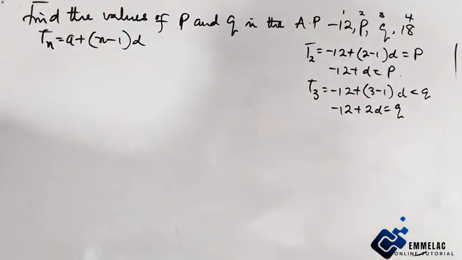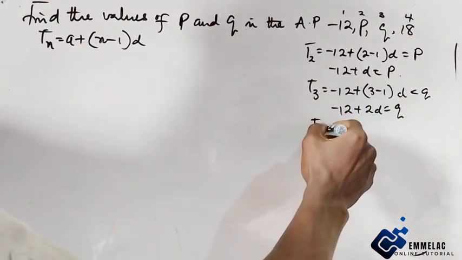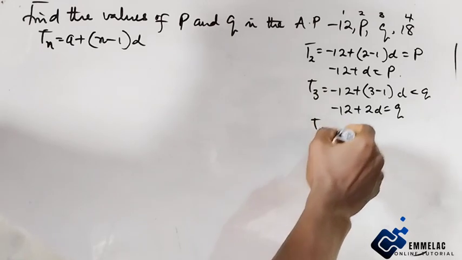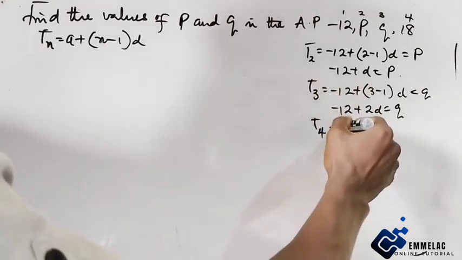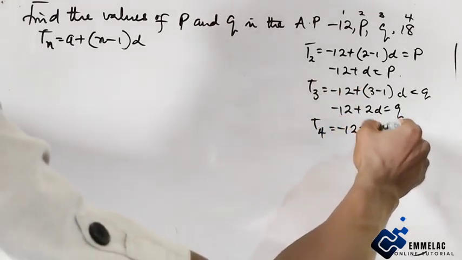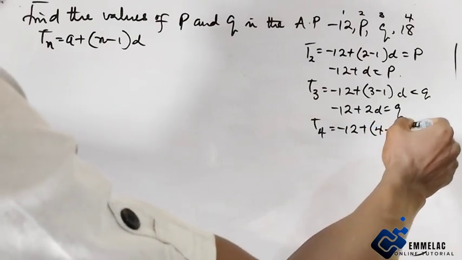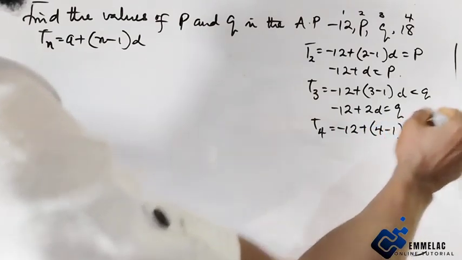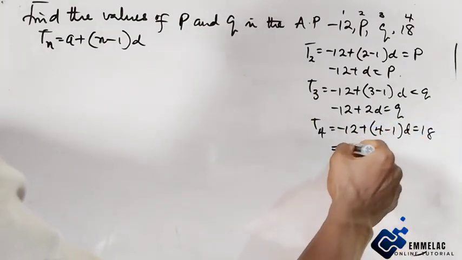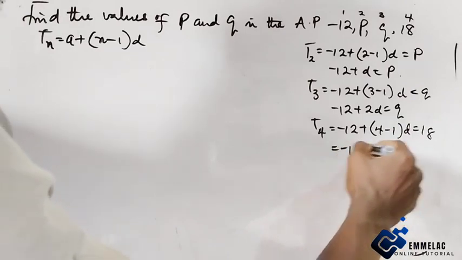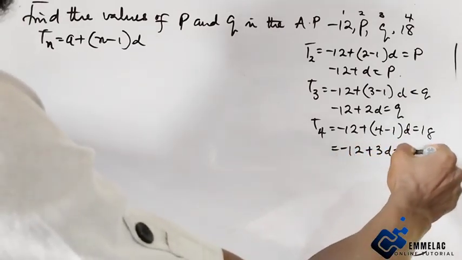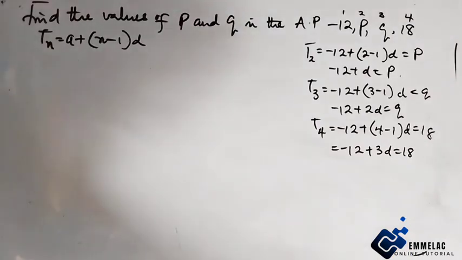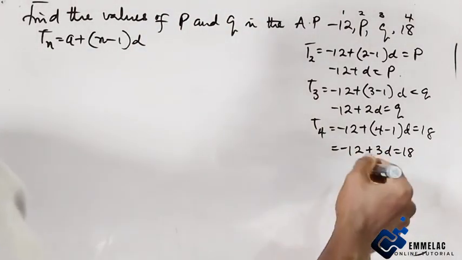And 18 is the fourth term. Here we have the fourth term: minus 12 plus (4 minus 1) D equals 18. So here we can say minus 12 plus 3D equals 18. You can collect like terms from here.